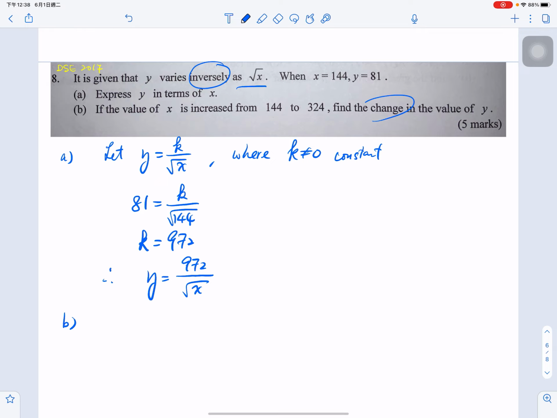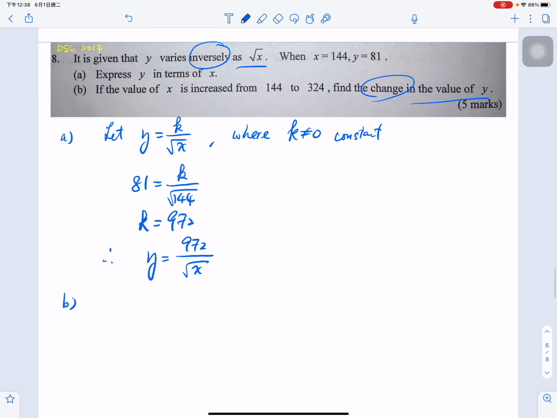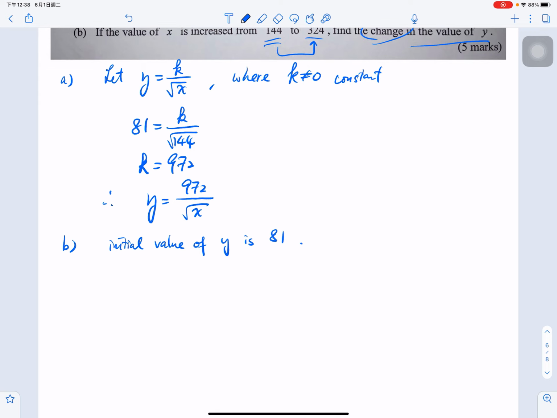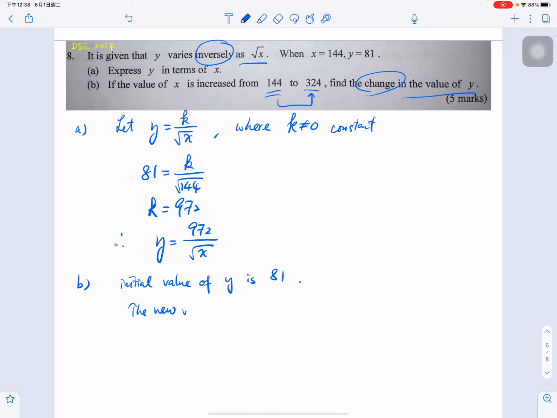Find the change in the value of y. y 有啲咩改變呢？咁佢就話啦，由144增加至324，咁咪照睇下啦。Initial y 係幾多啊？頭先144嘅時候，initial y 係81。OK，so the initial value of y is 81。留意翻啦。咁最後個 value 呢，the new value of y 係幾多呢？咁咪照代啦，972 over square root of 324.